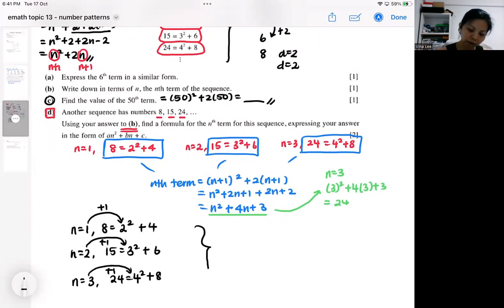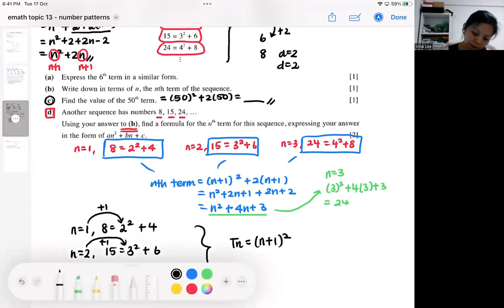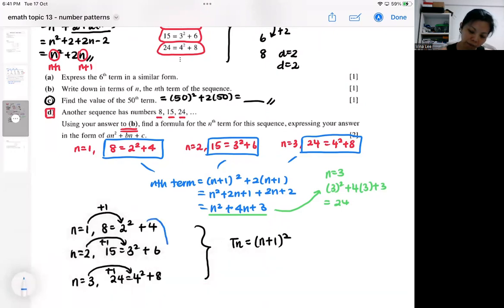So if I look at it as 2 parts, then my n term will be, I add 1 first, then I square. Then the second part, I can see this as a common difference. This one is a common difference, starting with 4, and subsequently we keep adding a 2.